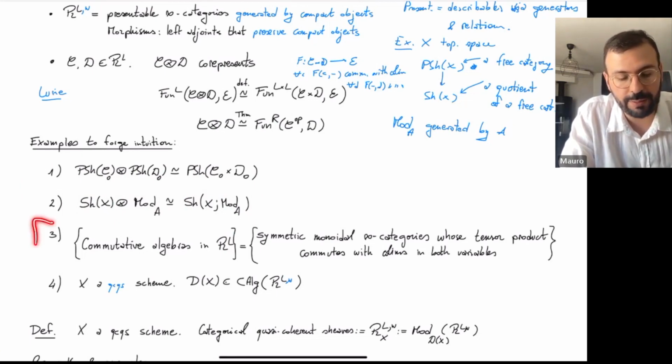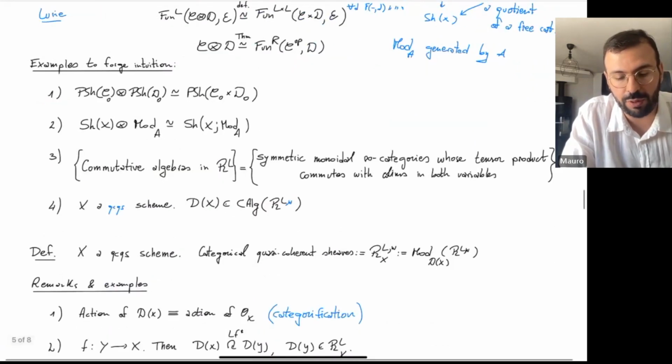And then to get some feeling of what this tensor product is saying, you can look at things like commutative algebras in presentable categories.